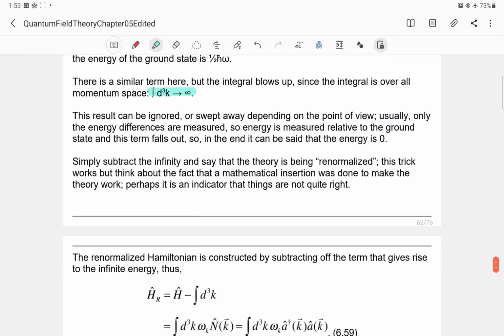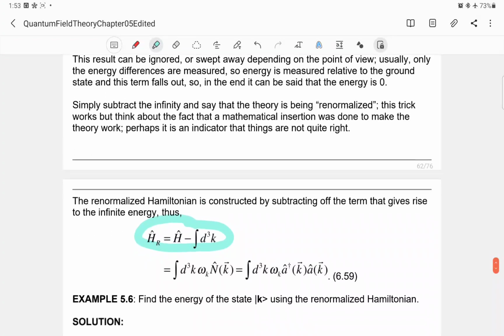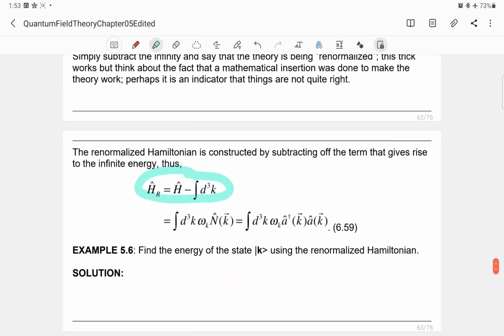So you can actually change the Hamiltonian into this one, which is a renormalized Hamiltonian constructed by subtracting off the term that gives rise to the infinite energy, so that the integral with respect to momentum space of omega n would just be equal to this.